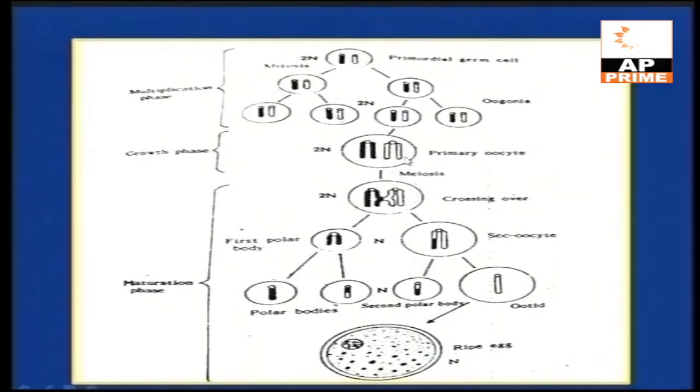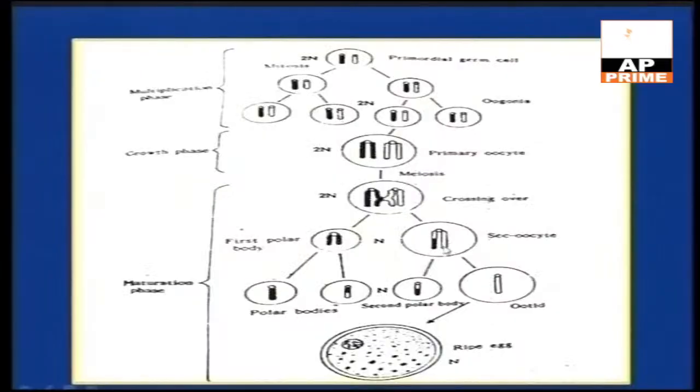These primary oocyte cells undergo the first meiotic division, and they form the secondary oocyte cells. Here crossing over takes place, and they undergo division and form 2 cells: one polar body and the second one is the secondary oocyte.